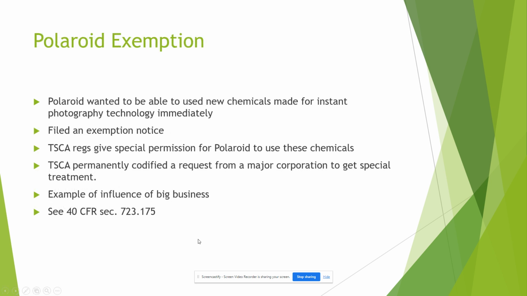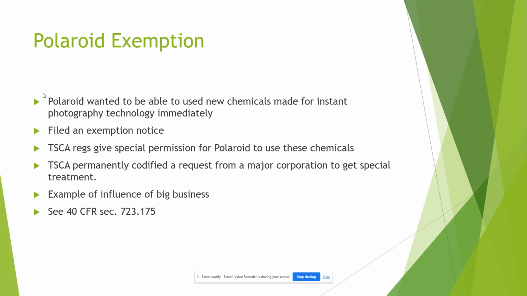So one interesting example of an exemption from the TSCA pre-manufacturer notice requirement is the Polaroid exemption. You guys, I think that this has kind of become a thing again. We used to have these Instamatic cameras, right, where you take a picture and then it develops instantly?